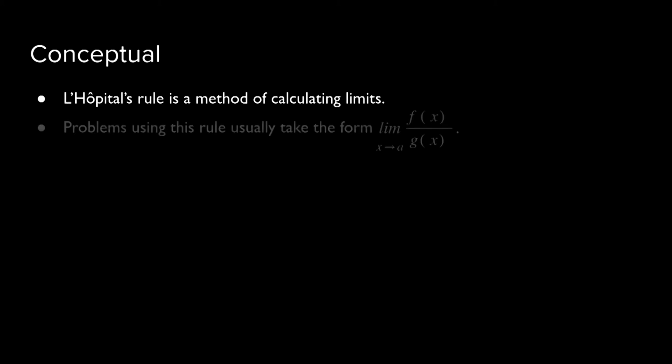So the conceptual bit is, L'Hôpital's rule is basically a method of calculating limits that you couldn't calculate normally. You use it when the problem usually takes this form, although sometimes you'll have to convert it to this form, which you'll see on problems 2 and 3.